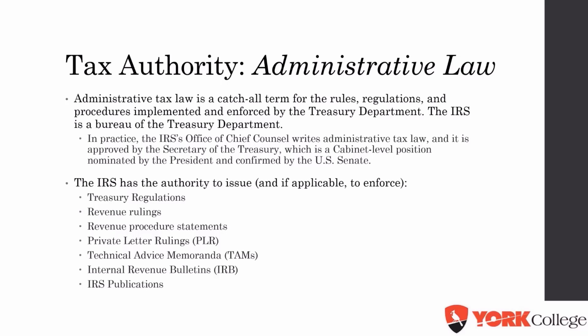And the Secretary of the Treasury is the one that can issue regulations, revenue rulings, revenue procedure statements, private letter rulings, technical advice memoranda, and internal revenue bulletins, as well as various other publications.